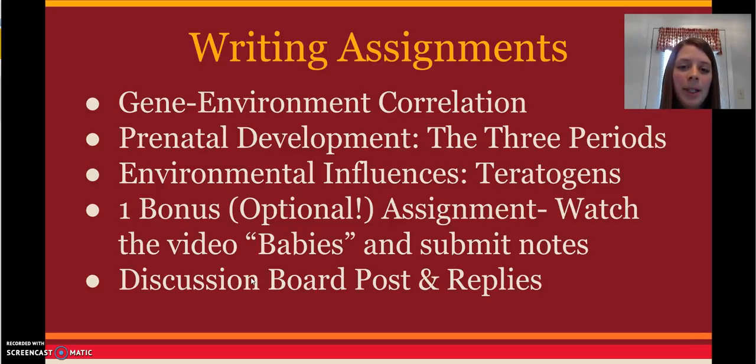The next one is the prenatal development assignment. And although prenatal development is talked about in the Burke textbook, we want you to use outside resources. So if you go online and find different websites or find a book at the library, or maybe you have some pregnancy books laying around at home, find some information about the first 3 periods of pregnancy.